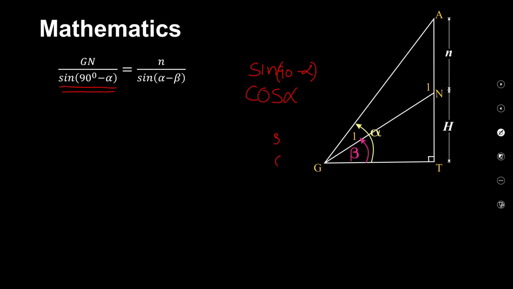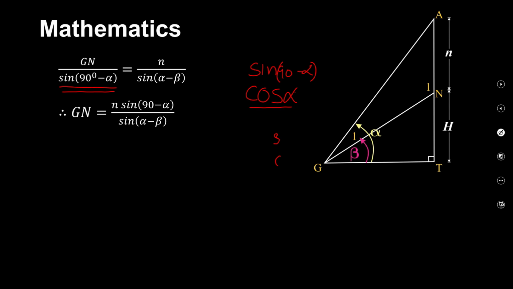And that's from using the reduction rules. I'm not sure if that's how you learned it. A lot of people refer to it as the Coco rule because you find the co-ratio of the complement. So sine of 90 minus alpha becomes cos of alpha.